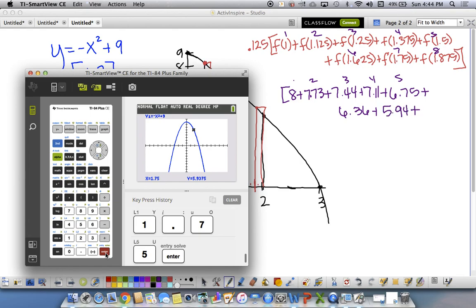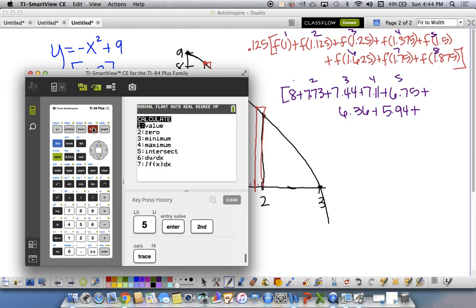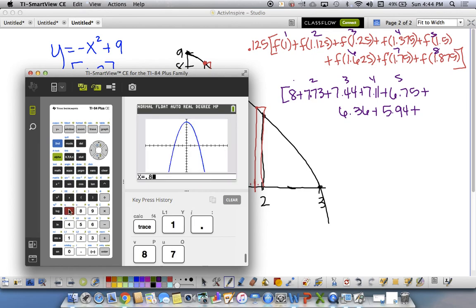We will get a better approximation to the area the more we divide it. Calculate, the last one is 1.875. Oops, I didn't put a 1, sorry. Second calculate, that can't be right. 1.875. And I'm at 5.48.